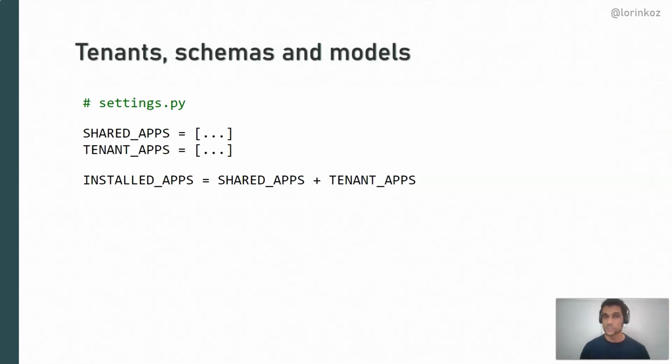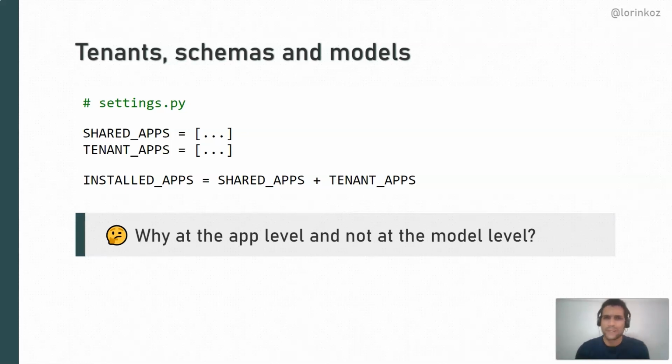Whatever you put in your shared apps is going to get migrated in the shared schema, whereas whatever you put in your tenant apps is going to get migrated in each one of your private schemas corresponding to each one of your tenants. Now, why do we operate here at the application level and not at the model level in order to gain a higher granularity? Well, the migrate command itself operates at the application level, so it only makes sense to speak the same language.